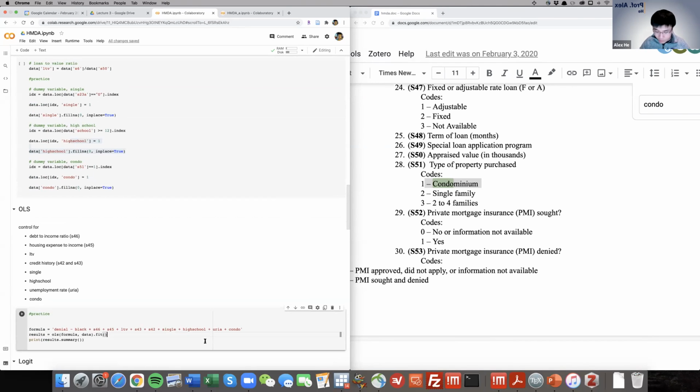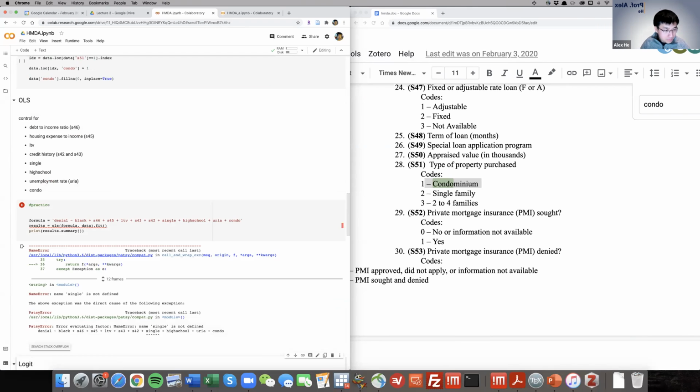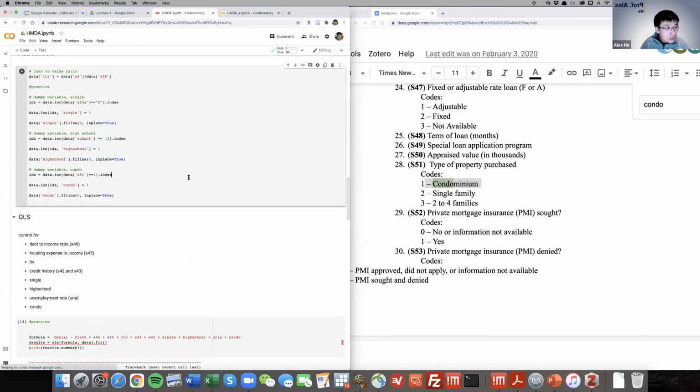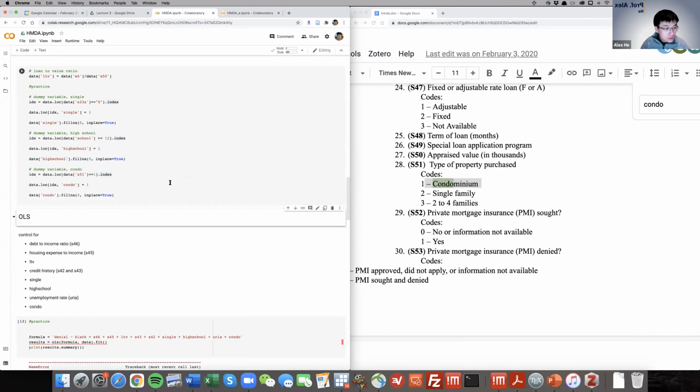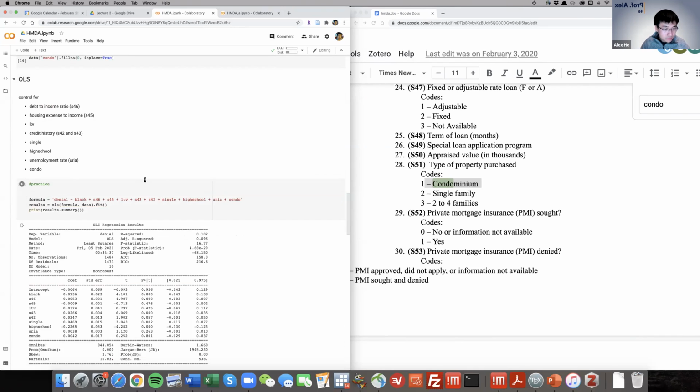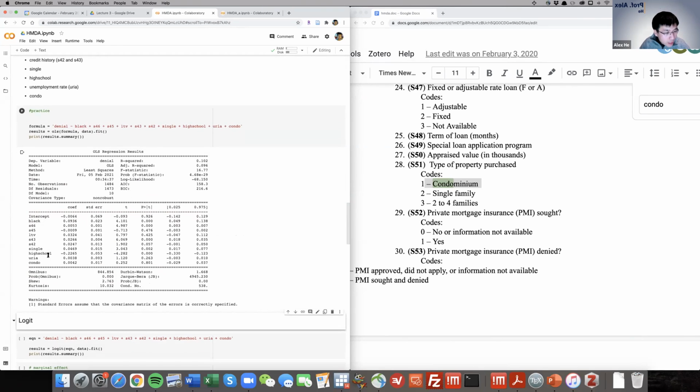If we run that regression, that gives you a coefficient. The one we're interested in is the black variable, right? And that coefficient is 9%.